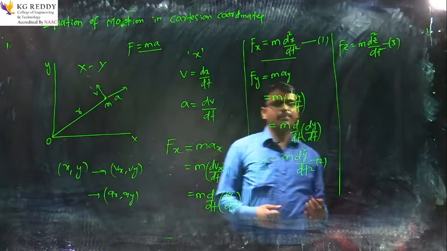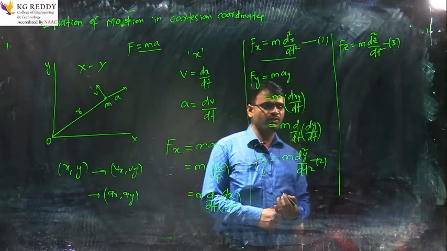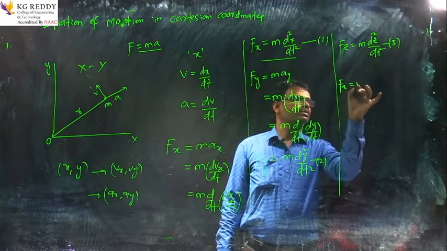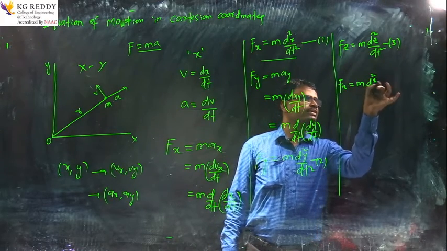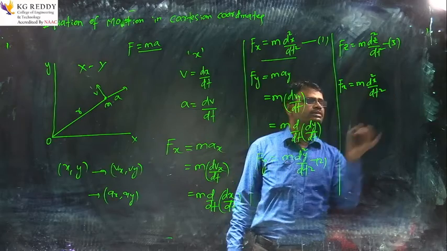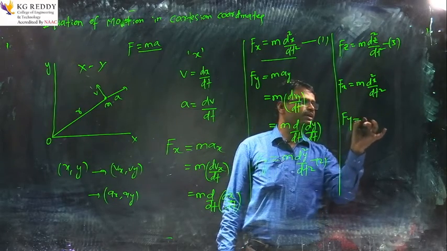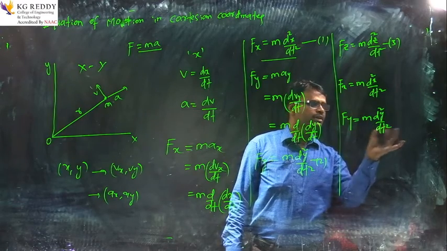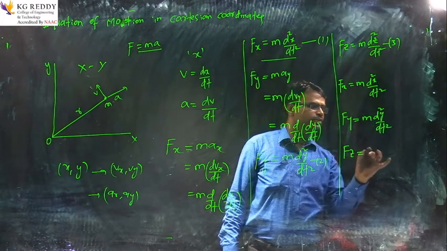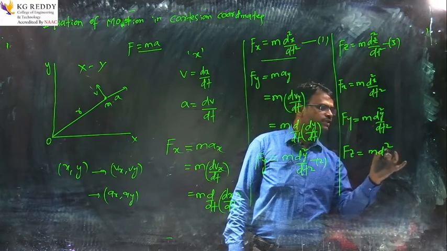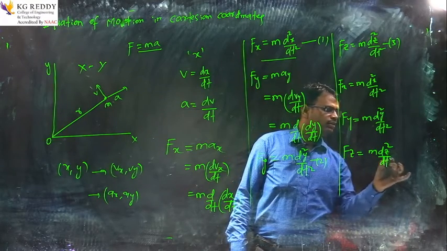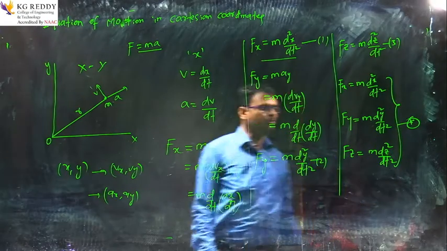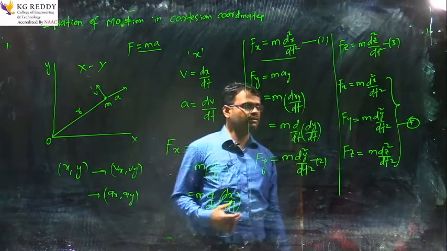Therefore, the equations of motion in Cartesian coordinates are Fx equal to m into d square x by dt square, Fy equal to m into d square y by dt square, and Fz equal to m into d square z by dt square. These three equations are called the equations of motion in Cartesian coordinates.